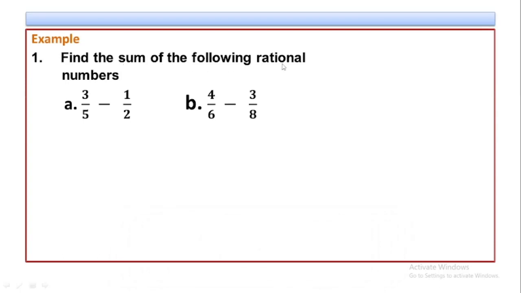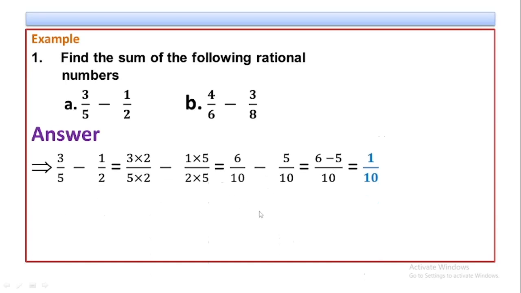Find the difference of the following rational numbers.